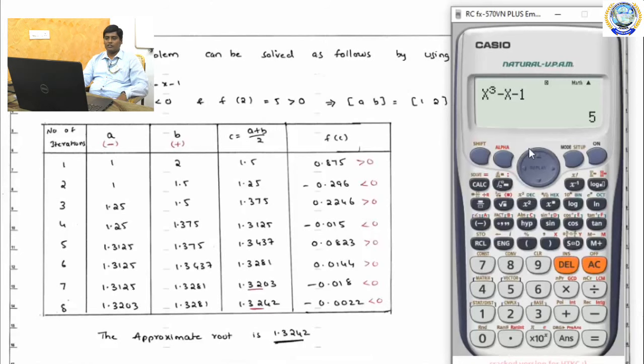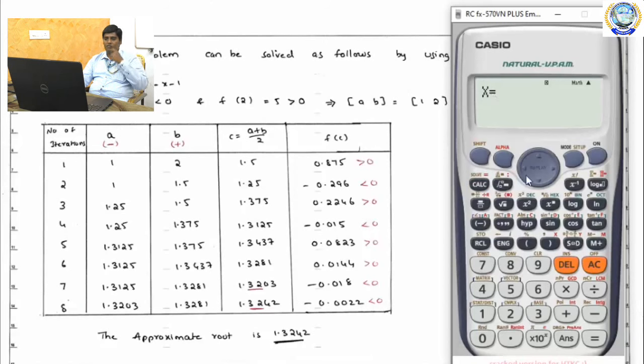So we can write it on the paper straightly by using this CALC. Then I will store this c equals a plus b by 2 for substitution of the given root. So I will take the AC button. In the same process, I will store this alpha, x, alpha CALC.